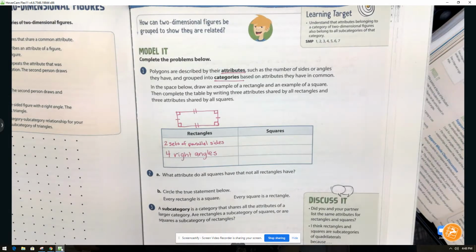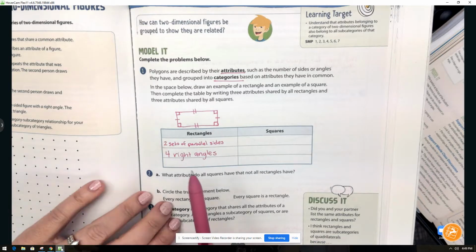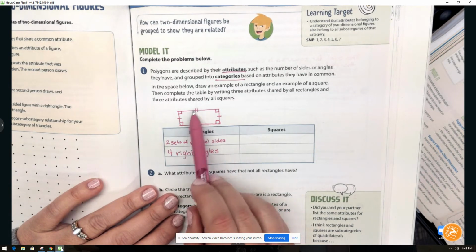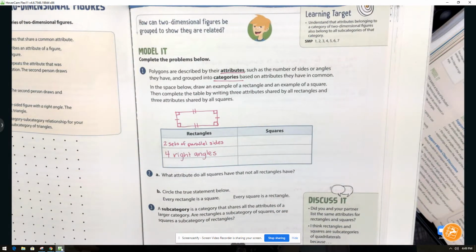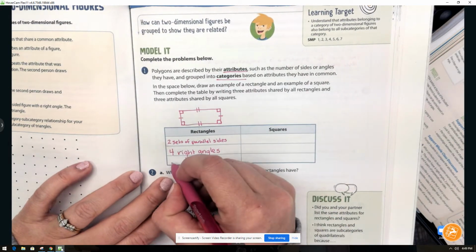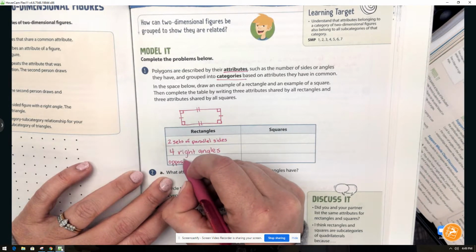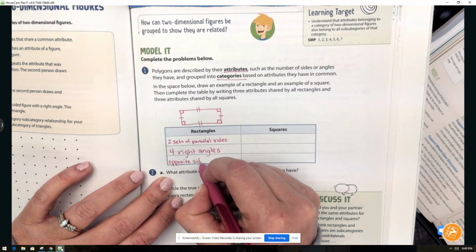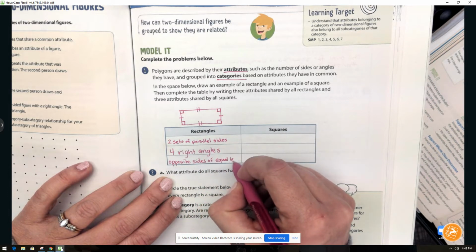And then, you know what's funny, another thing about a rectangle that I never noticed is that the opposite sides are equal in a rectangle. Like I knew that, but I never paid attention to that. So opposite sides of equal length.